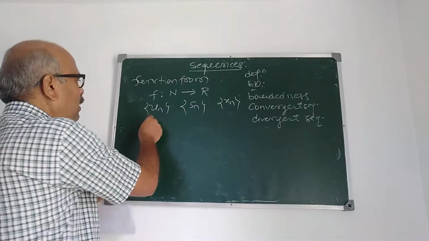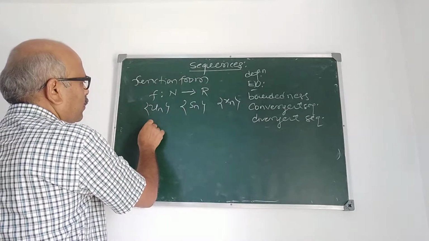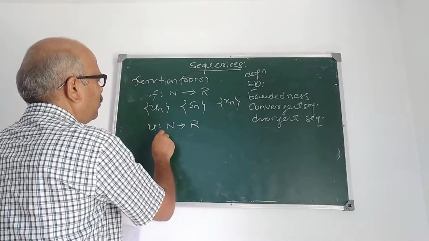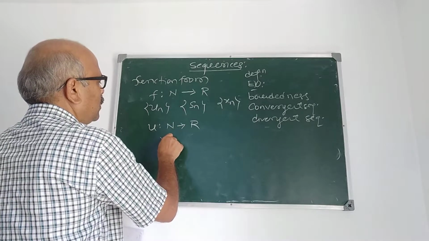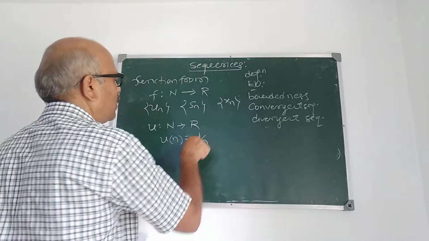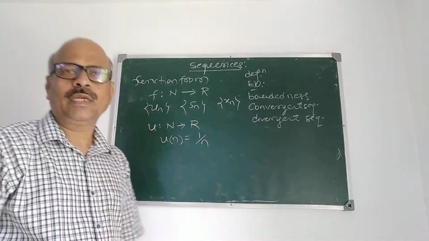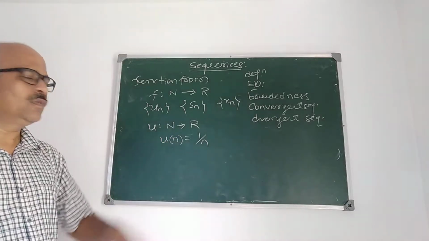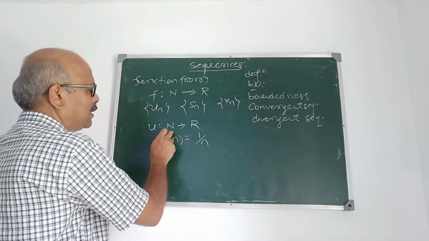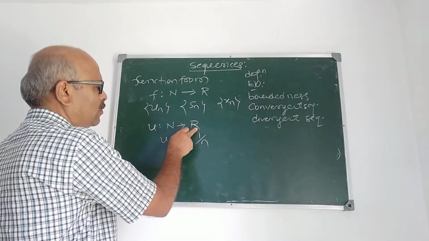I give an example here. Suppose u from N to R is defined by u of n is 1 upon n. I take one example here. u of n is 1 upon n. Then the function is defined like this. It is from the set of naturals to the set of reals.